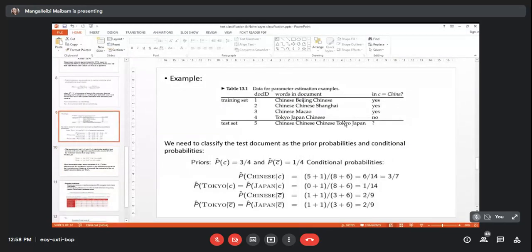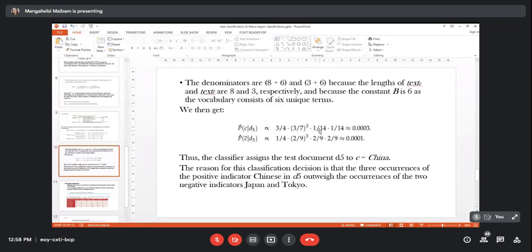Now for Tokyo it is 1 by 14. For Japan also it is 1 by 14. So 1 by 14 into 1 by 14. Then you have to multiply all these conditional probabilities along with the prior probability. The first value is the prior probability 3 by 4, multiplied by all the conditional probabilities for the respective terms.